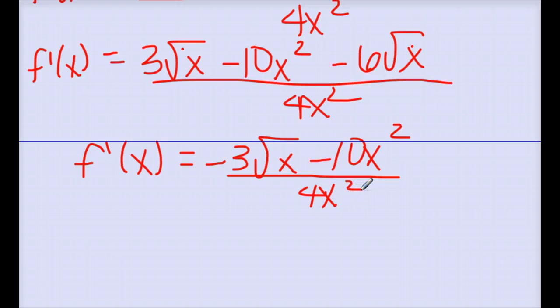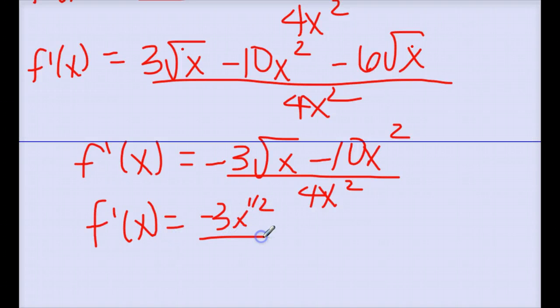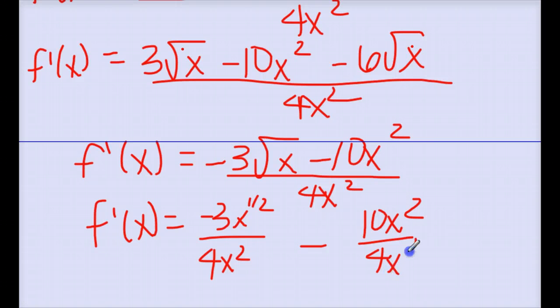And if I break this up, since I do have one term in the bottom, I will get negative 3x, and I'm going to write this as the 1/2, over 4x squared minus 10x squared over 4x squared.